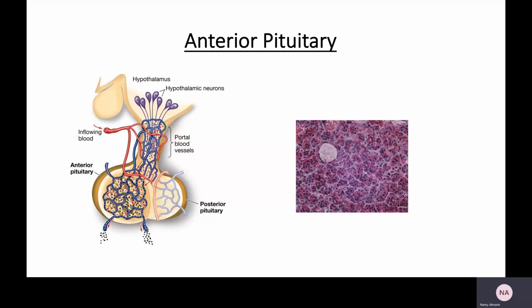You'll also see that the hypothalamus has hypothalamic neurons. And I put this micrograph of the anterior pituitary here because you need to know that the anterior pituitary looks sort of very densely packed. It kind of looks cellular or glandular. That's going to be important. Remember that.